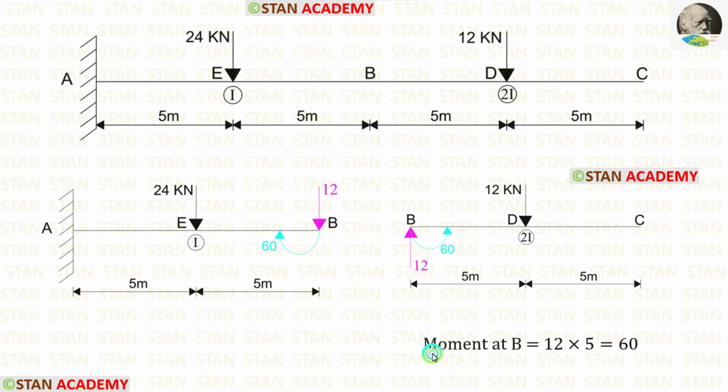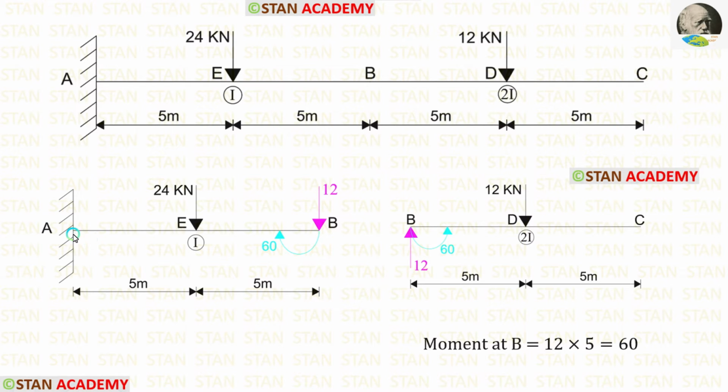Let us find the moment in the point B. This load is acting in the clockwise direction and the distance is 5 meter. 12 into 5, we will get 60. Since this load is acting in the clockwise direction, the developed moment should be acting in the anti-clockwise direction.